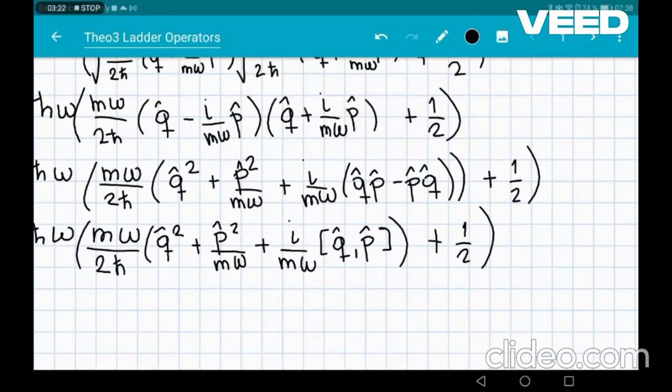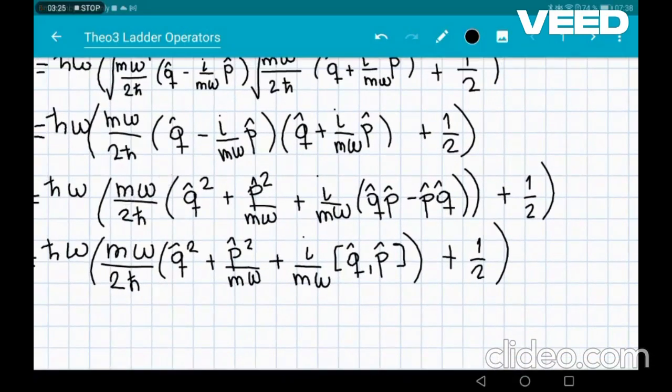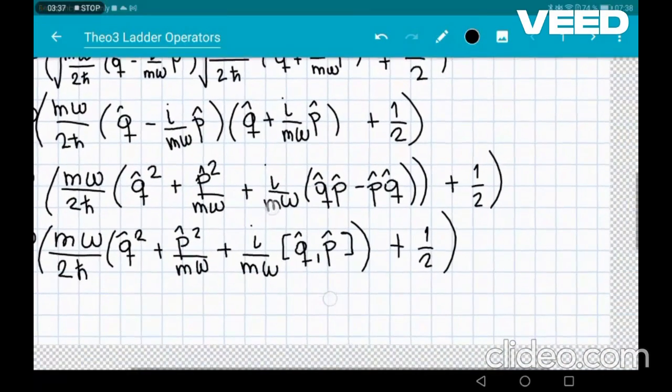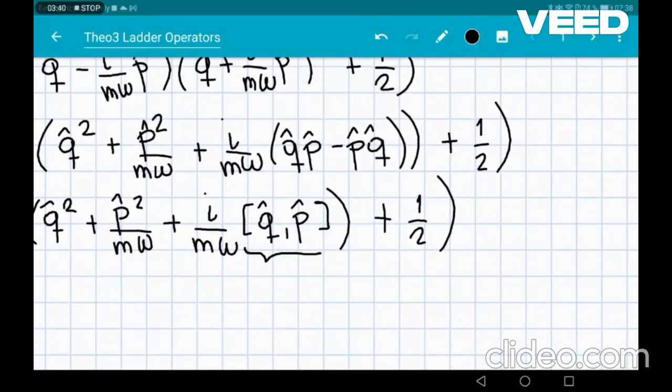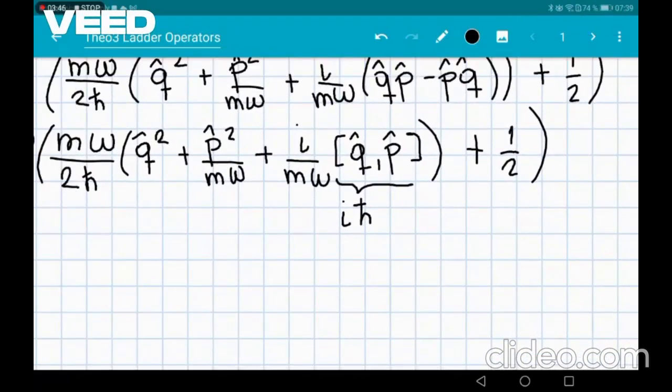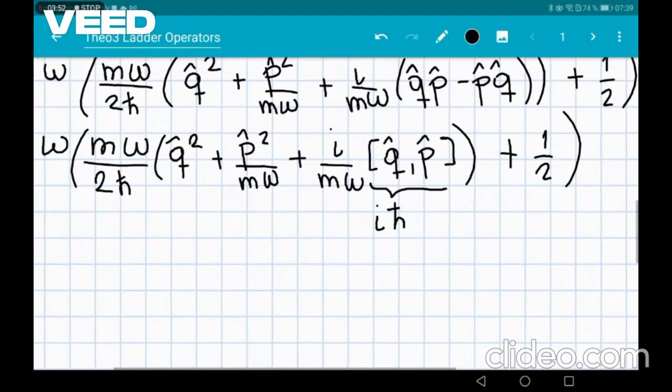Because Q and P don't commute, we have to multiply the mixed terms carefully. So that's basically QP minus PQ, and that's the commutator, which is given by i h bar. When we simplify this, we have i squared, which is minus 1, times h bar over m omega.